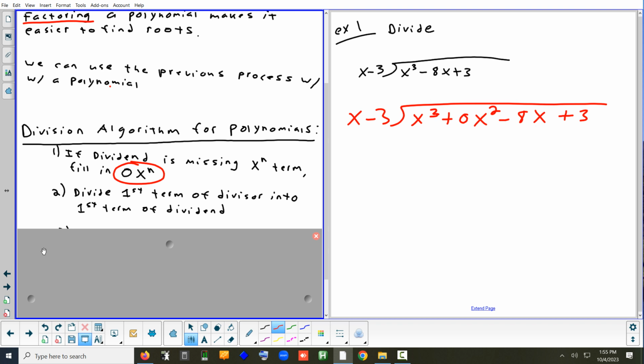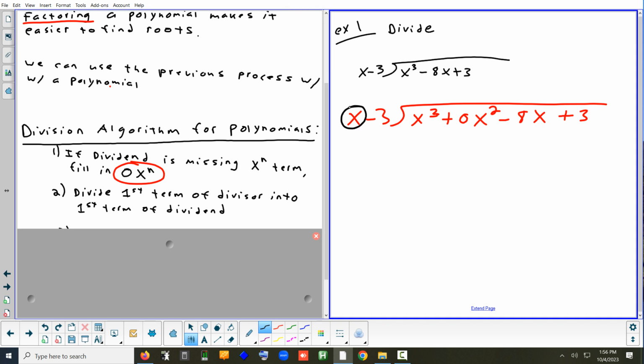Okay, the next step. You're going to take the first term of the divisor, which is x, and you're going to divide that into the first term of the dividend. So if you want to think about what you're doing off to the side, you're doing x cubed divided by x.